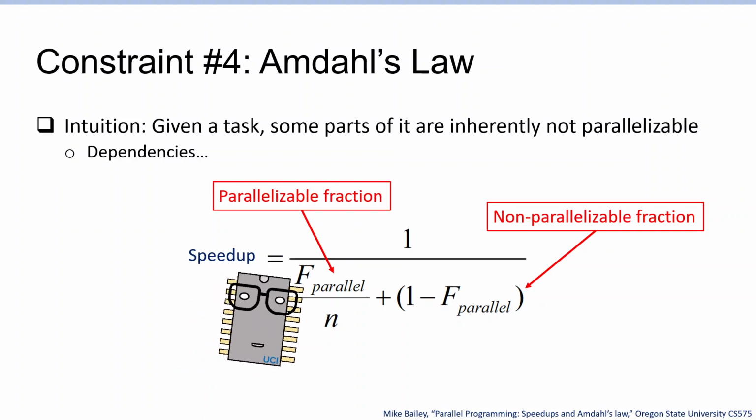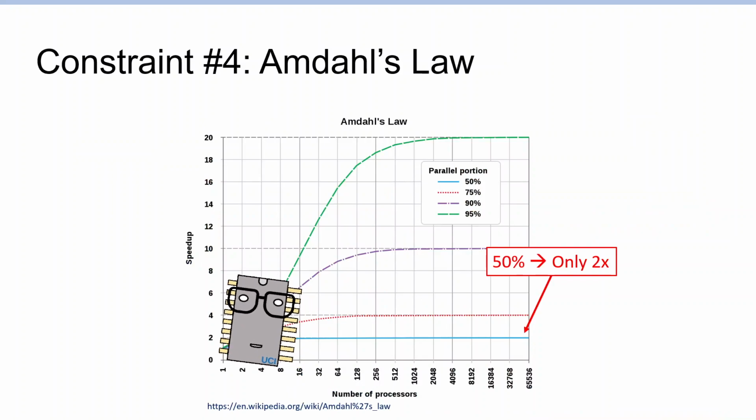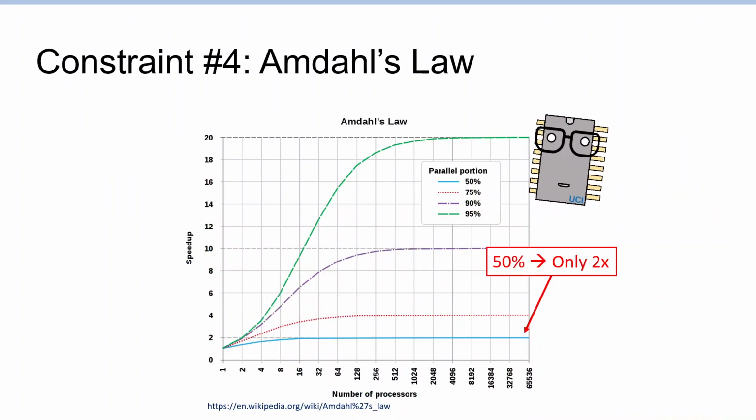And if we look at the simulated projection of various different applications, on the top here, the green line represents the embarrassingly parallel application task, a single task, which is 95% parallelizable. So as we add more processors, the performance increases significantly.